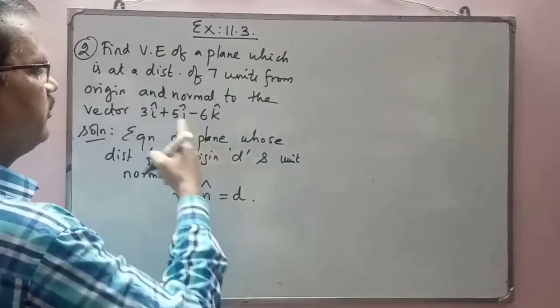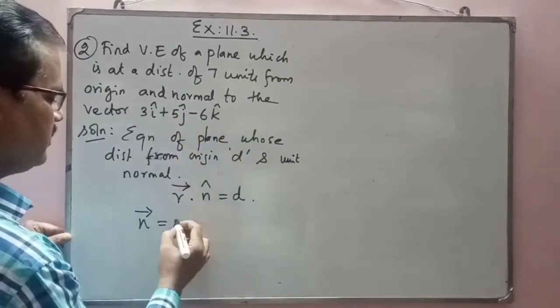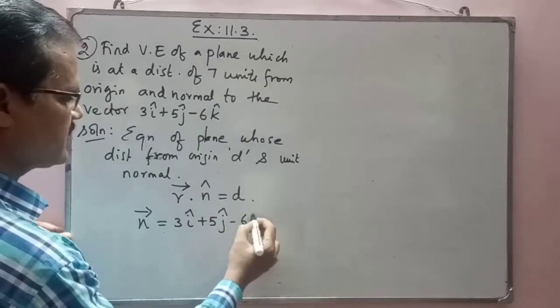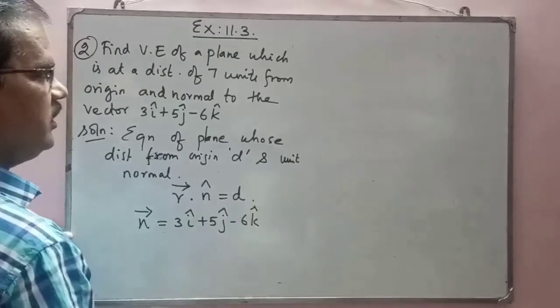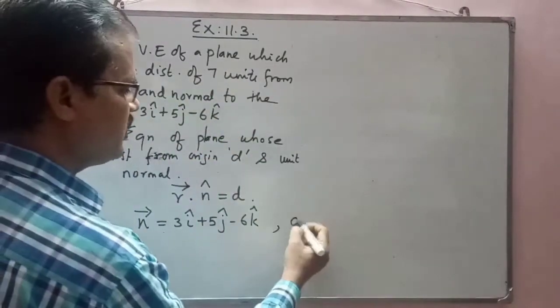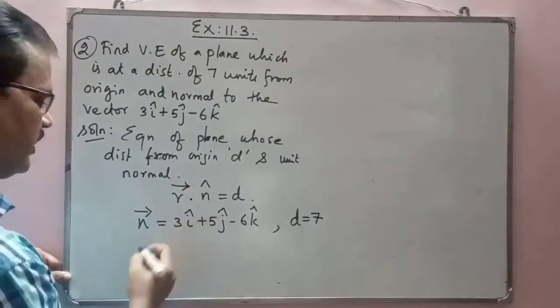Here the normal vector is given as 3i plus 5j minus 6k, and the distance of 7 units from the origin, so d is also given. Now we need to find n cap.